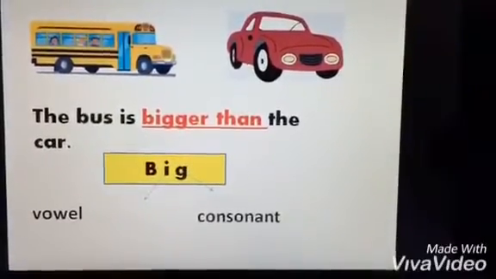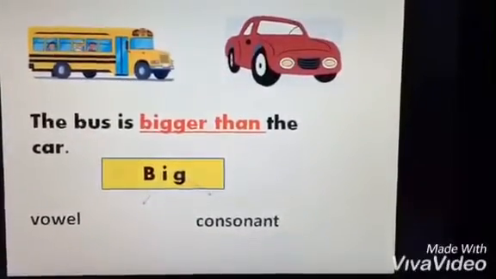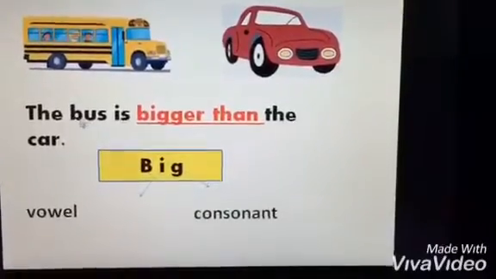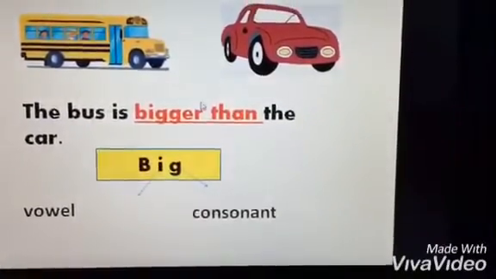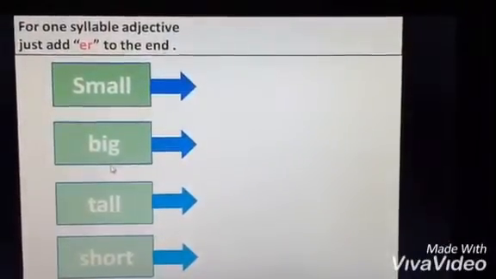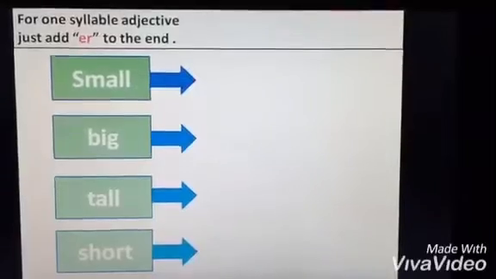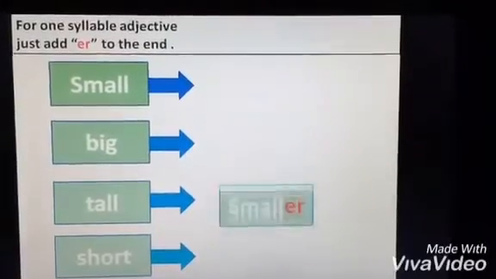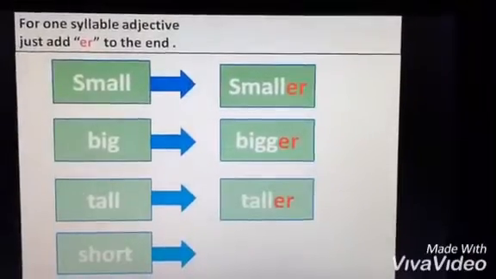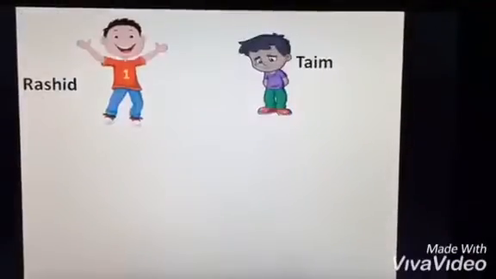Here you have to double letter G before adding er. So big becomes bigger. The bus is bigger than the car. So for one syllable adjectives, just add er to the end. Small becomes smaller, big bigger, tall taller, short shorter.